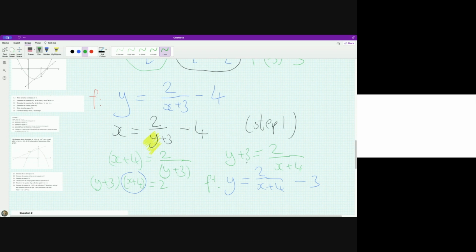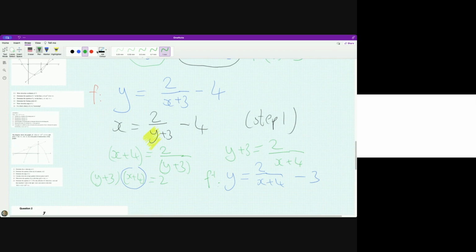Now, just to make sure that we've done this correctly, we're going to do a little test. What is the f of 3 for this function? You might need a calculator. So we've got 2 divided by 3 plus 3, so 2 divided by 6 minus 4.